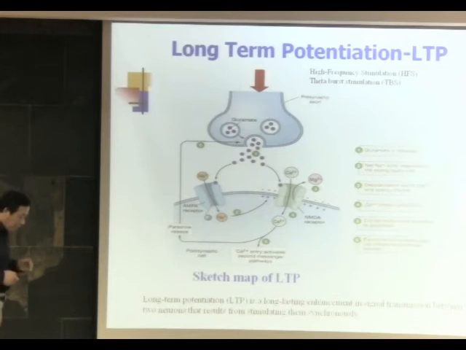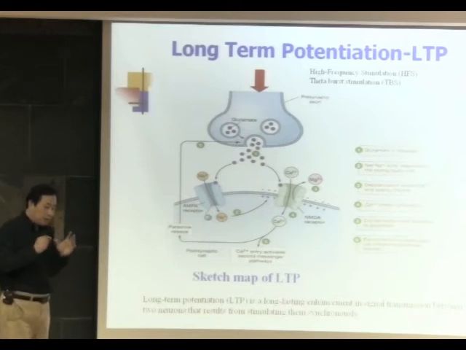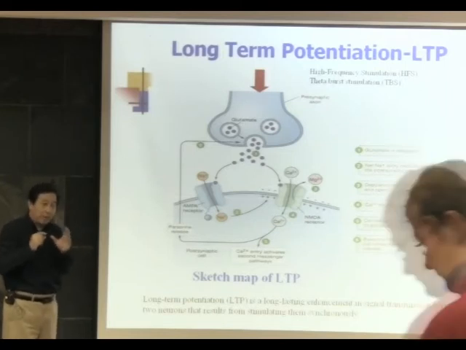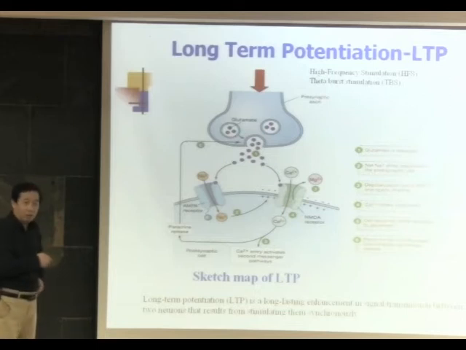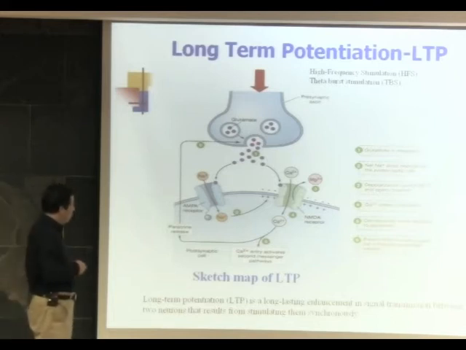And this slide shows neural synaptic plasticity's molecular mechanism. I will just simply introduce it. If we give some stimulation, for instance, high frequency stimulation, then in the presynaptic cell, lots of glutamate will be released.